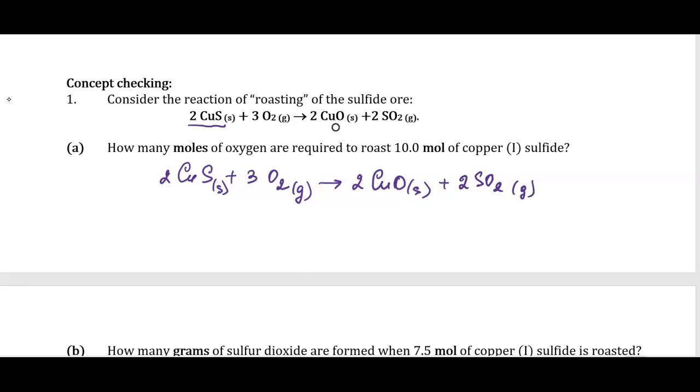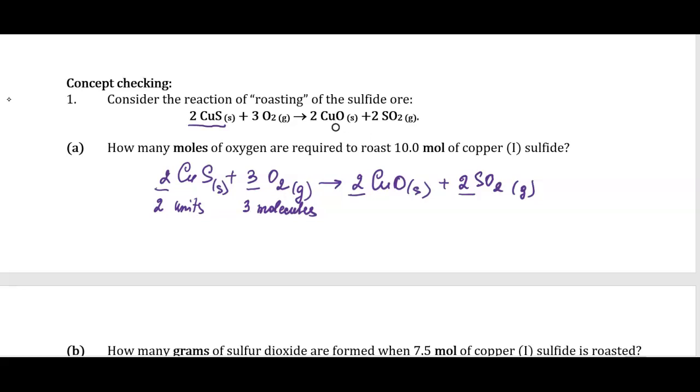What is the molar ratio for this equation? We have coefficients here 2, 3, 2, and 2. And these coefficients show us the ratio between components of this reaction, between reactants and products. These mean that 2 units of copper sulfide can react with 3 molecules of oxygen, right?